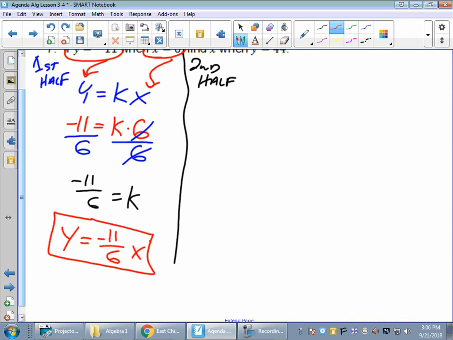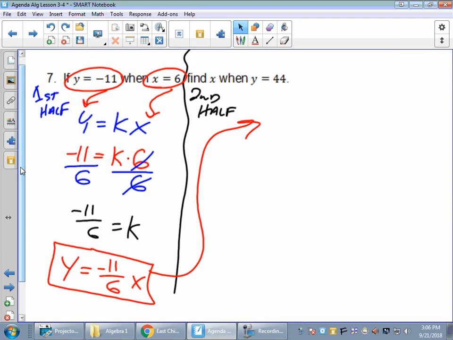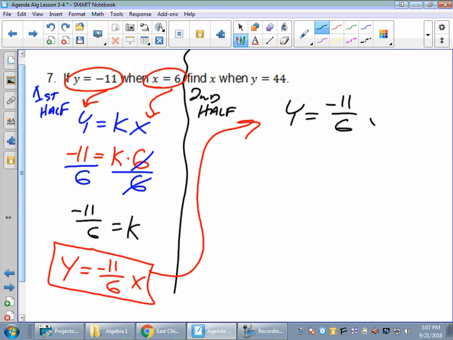Now I'm going to pull that over to the second half and use it for my next part of the question. So this is find x when y equals 44. So once again, I'm starting with y equals k times x. But in this case, I already know my new equation. So y equals negative 11 over 6 times x.